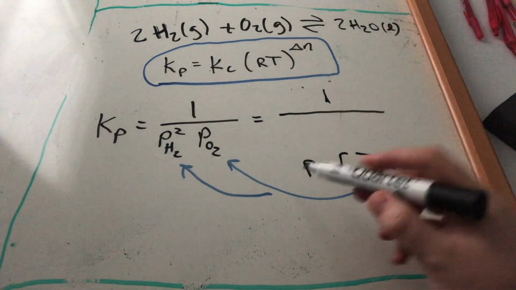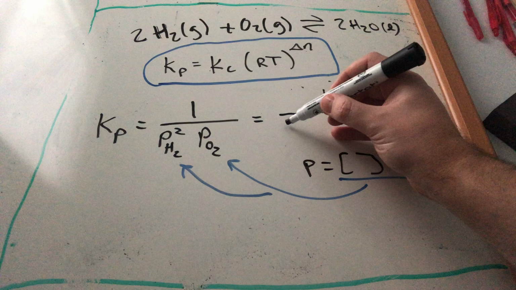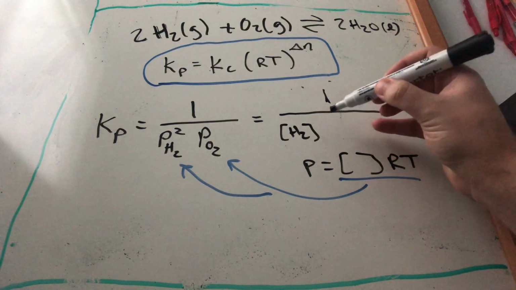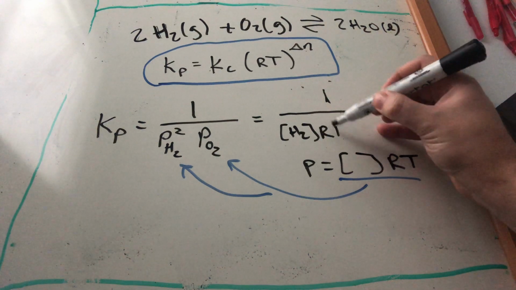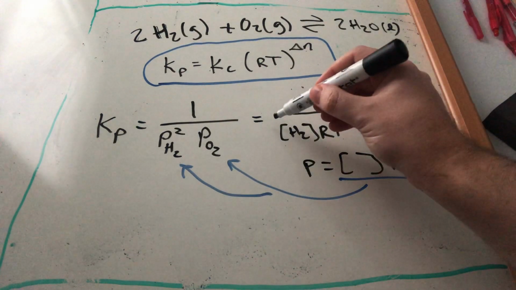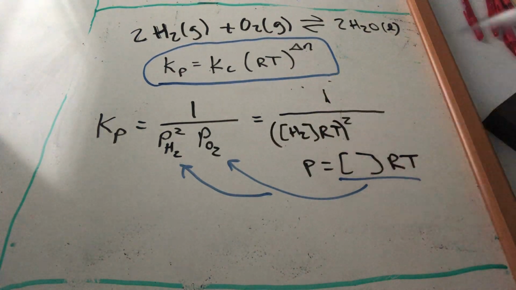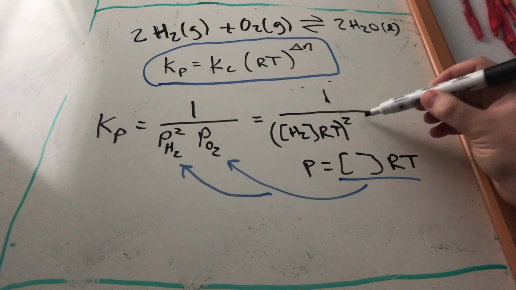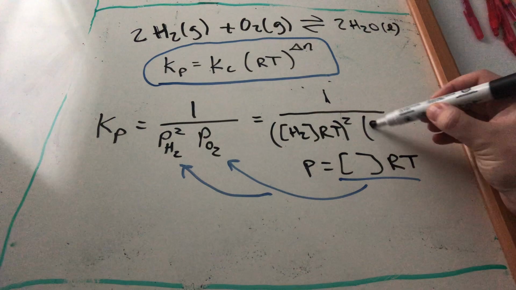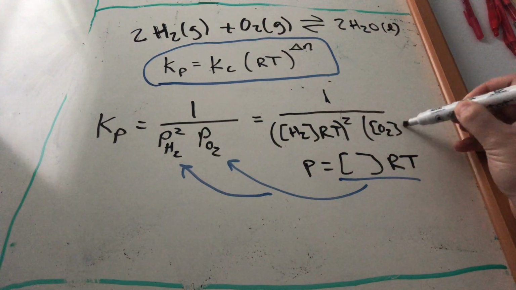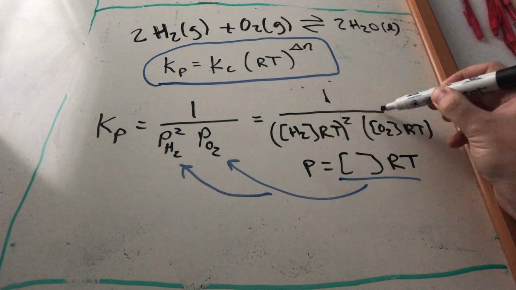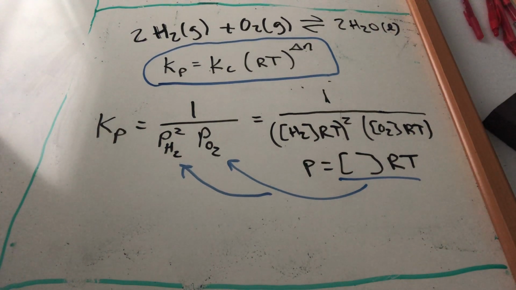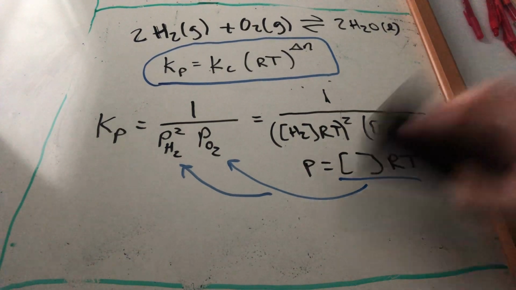Now pressure of H2 squared, well, pressure of H2 means I can write this as concentration of H2 times RT. That whole entire pressure needs to be squared. Here, this is the pressure of O2, so I'm going to write this as the concentration of O2 times RT, all in the bottom. This would be raised to the first power. That's implied by not putting anything there.